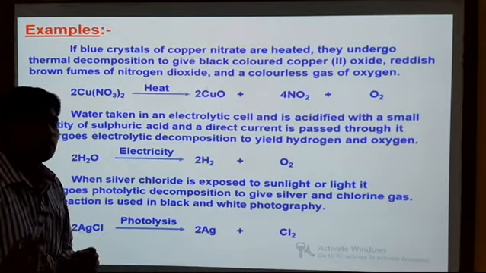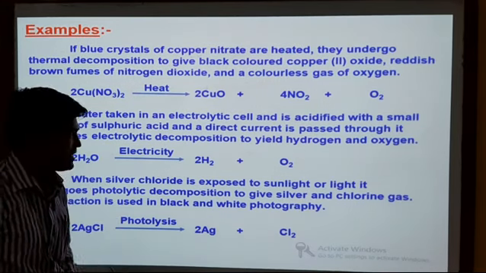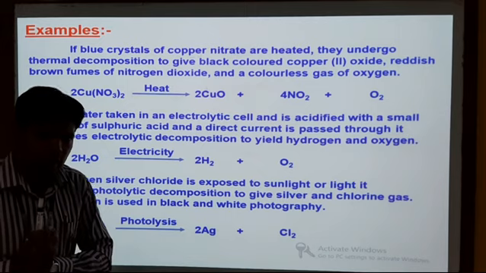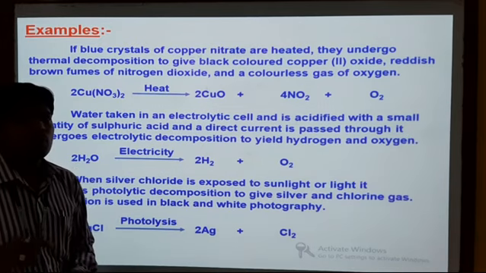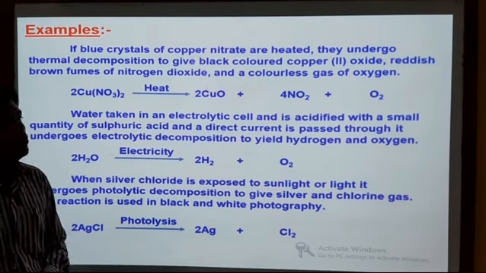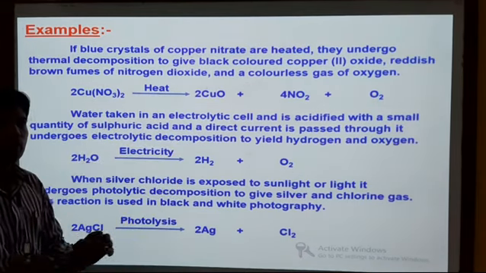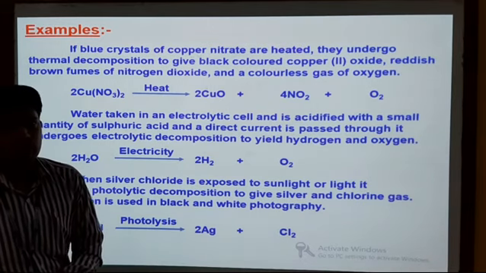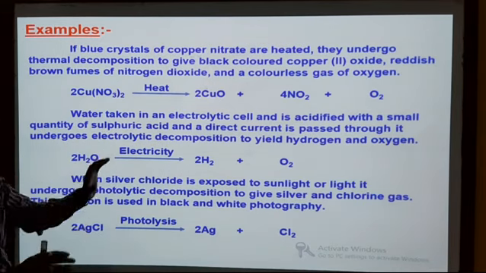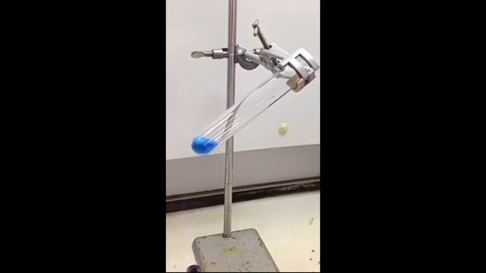Nitrogen dioxide gas is brown in color. So when brown color fumes are evolved, we say it is nitrogen dioxide. To tell you more about this reaction, we are going to perform an activity and see the same reaction through a video.